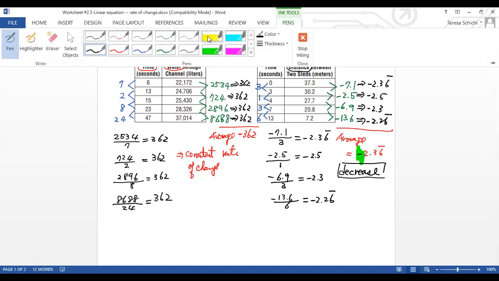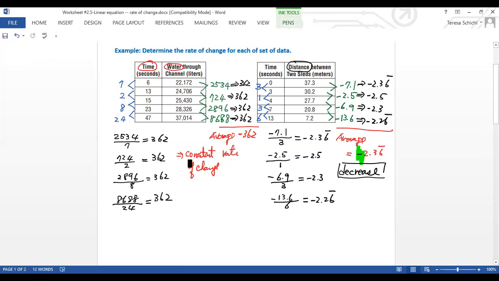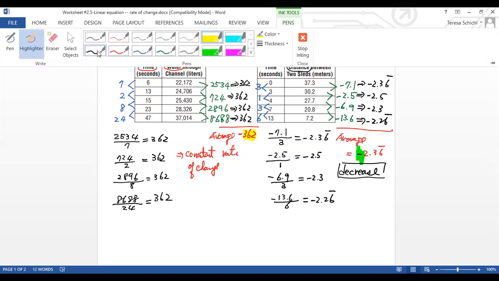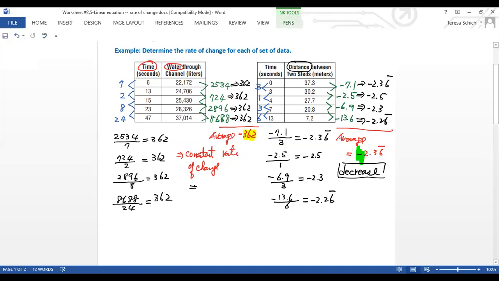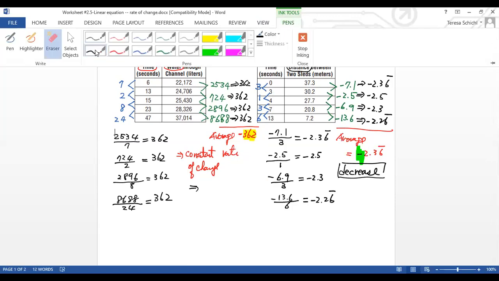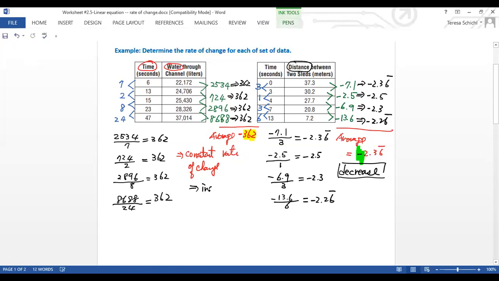Then in the same way, for this one we have a positive 362. That means this is an increase. So every time the time increases 1 second, the water going through the channel increases.